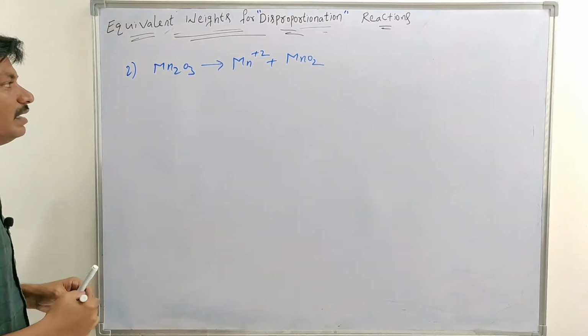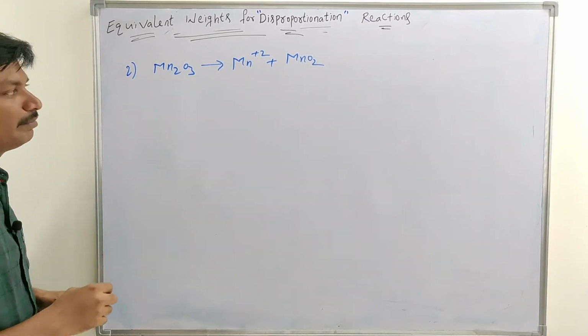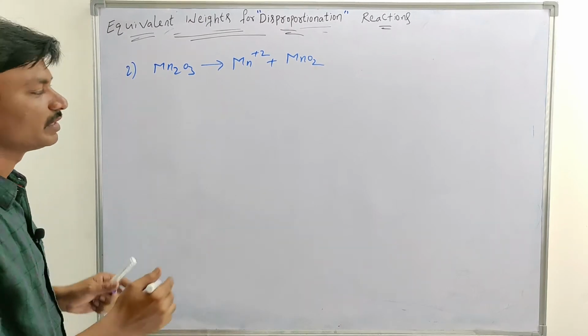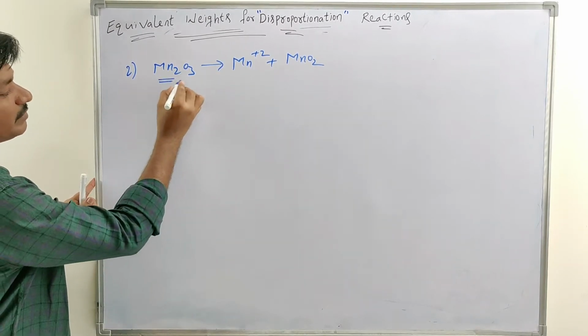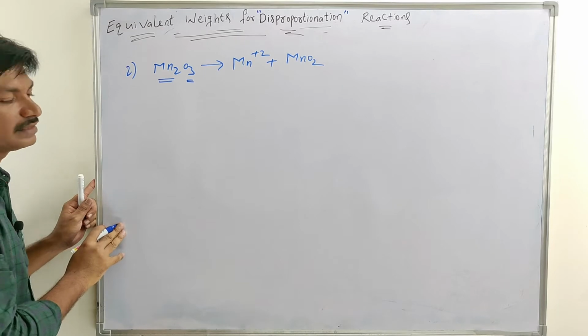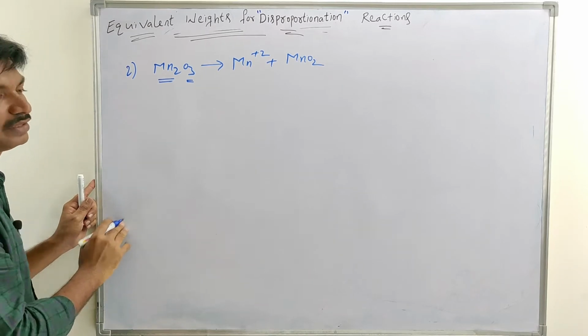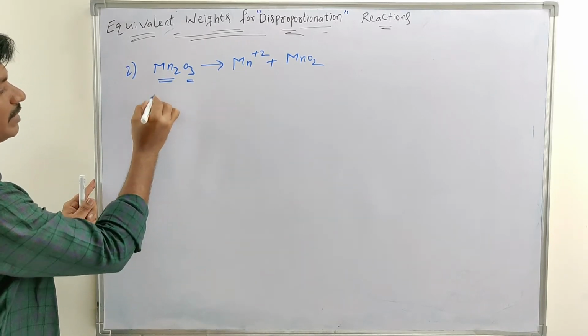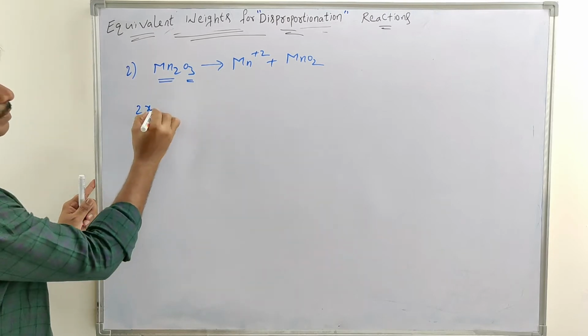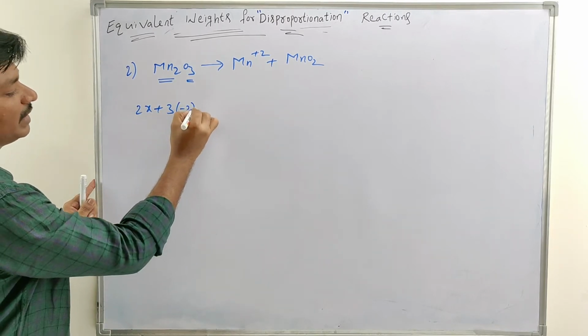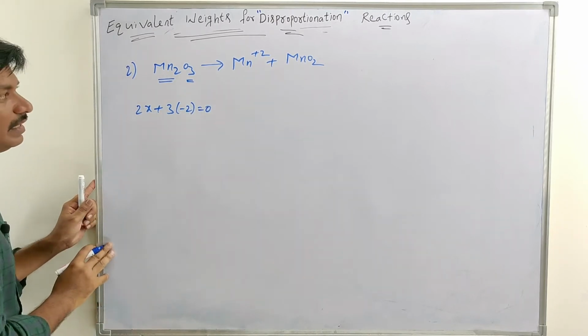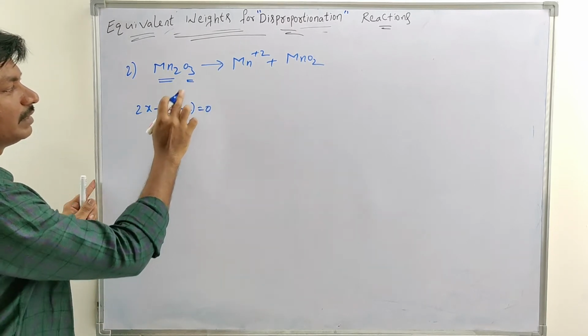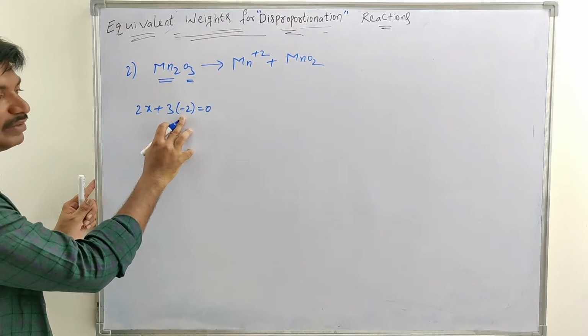In Mn2O3, for the manganese oxidation number, 2 manganese atoms and 3 oxygen atoms are present. Each manganese is X, so 2X plus 3 into minus 2 equal to 0. Each oxygen atom has oxidation number minus 2.